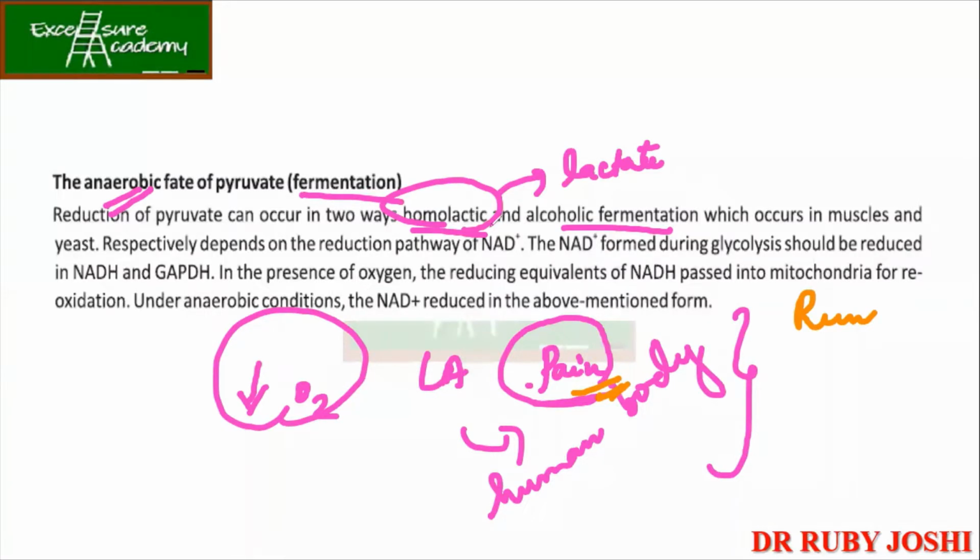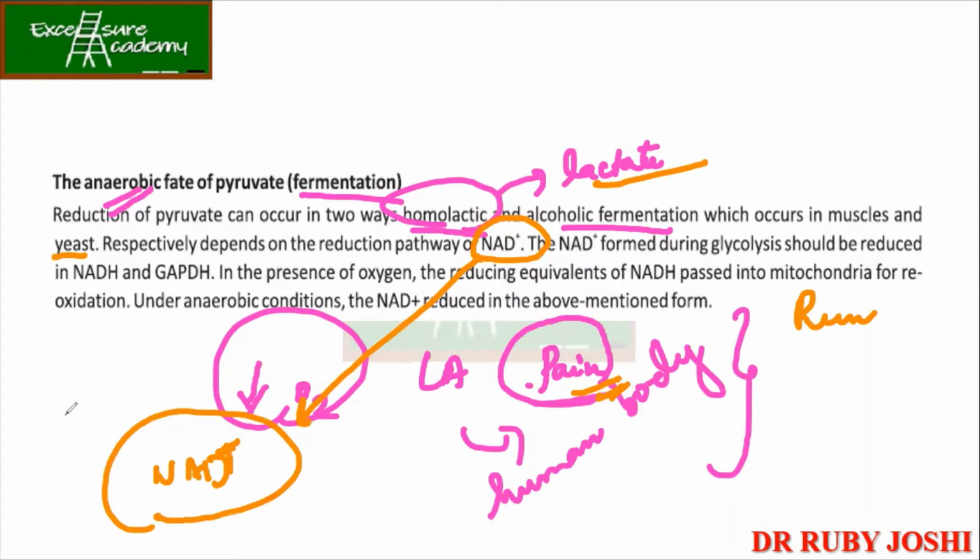Okay. So homolactic and alcoholic fermentation occur in muscles and yeast. एक example दिया, homolactic हो गया आपका muscles में and alcoholic fermentation हो गया yeast में. So, respectively, it depends on the reduction pathway of NAD+. So when we are using NAD+, what kind of enzymes are we going to use? Dehydrogenase, right?